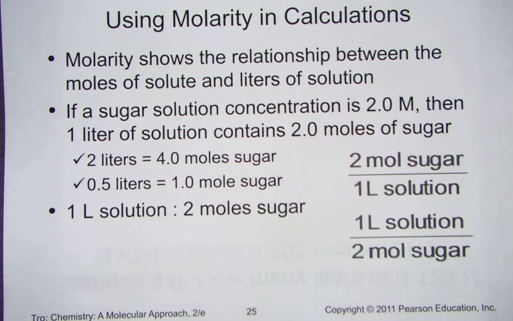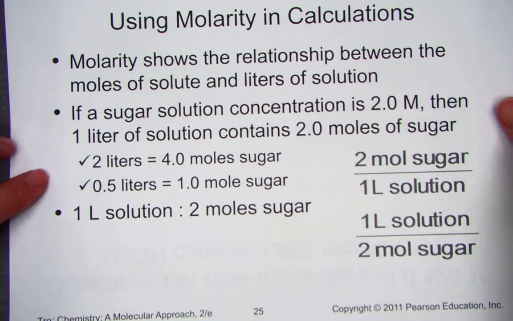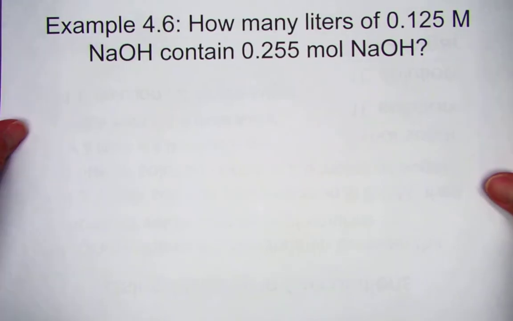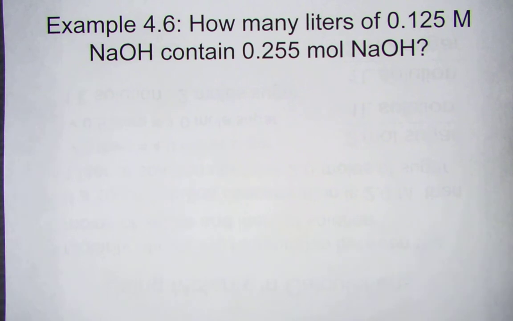So it's really just a concept of saying every 1 liter has a certain number of moles. I have twice as many moles if I doubled the volume. Let's consider that in the following question. How many liters of 0.125 molar sodium hydroxide contain 0.255 moles of NaOH?